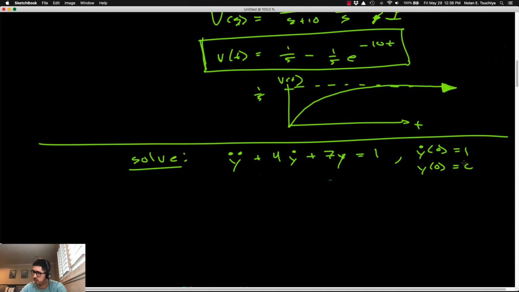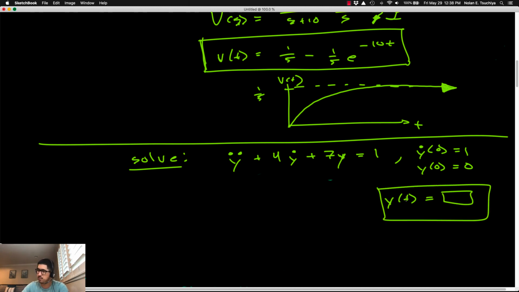In other words, figure out the particular solution y of t. If you can do that, you're in absolutely great shape. Keep in mind that the thing on the right hand side here is a constant function of time. So you'll have to take the Laplace of that when you take the Laplace transform of both sides of the equation. Okay, so I encourage you to work on this.